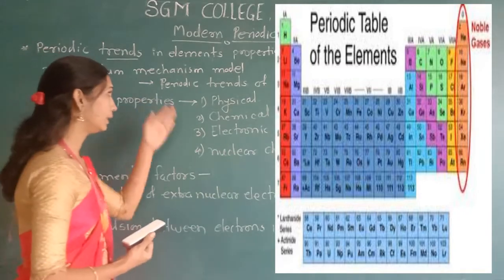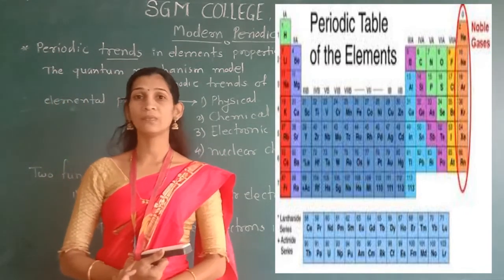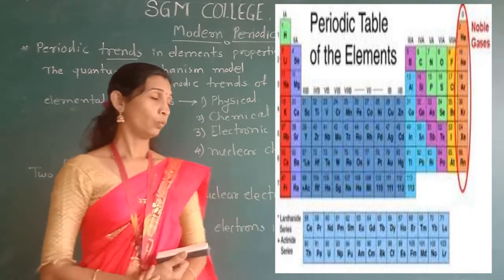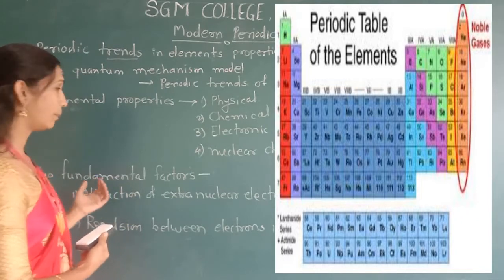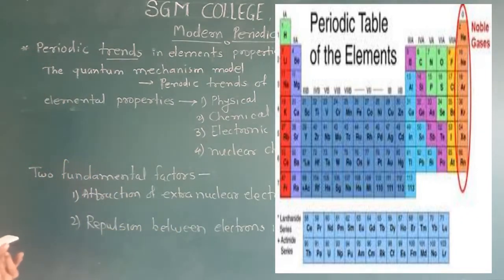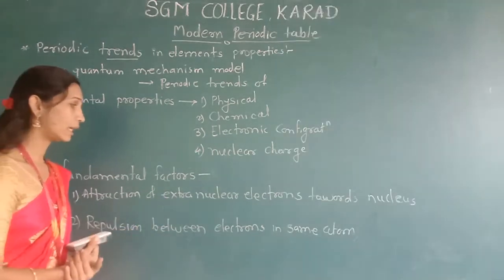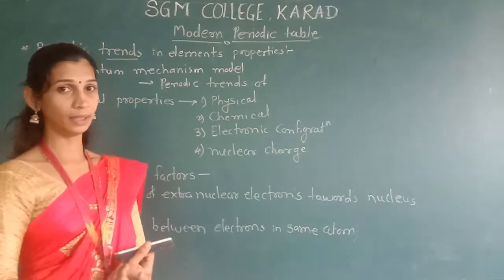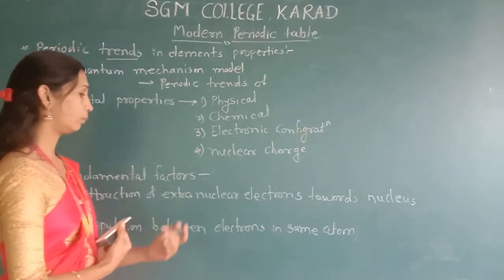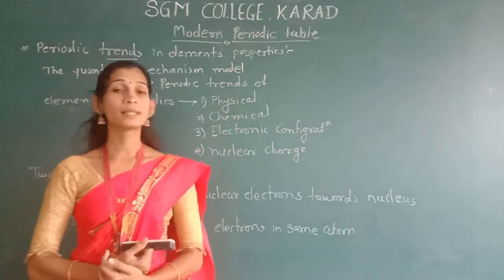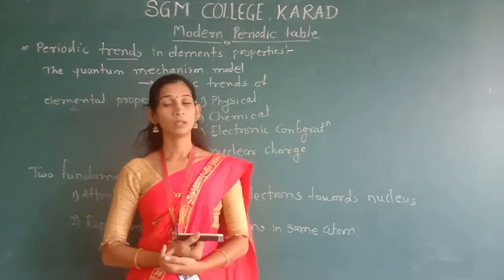Now from all these trends there are some fundamental physical factors in the periodic table. These are the attraction of extranuclear electrons towards the nucleus, and second, the repulsion between the electrons in the same atom. We will see all these in depth.